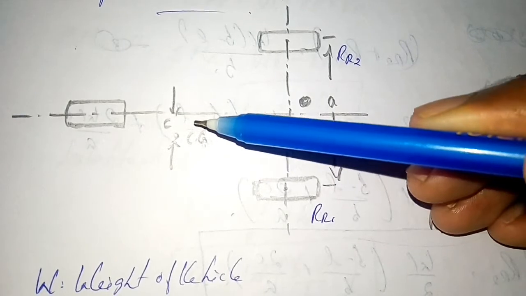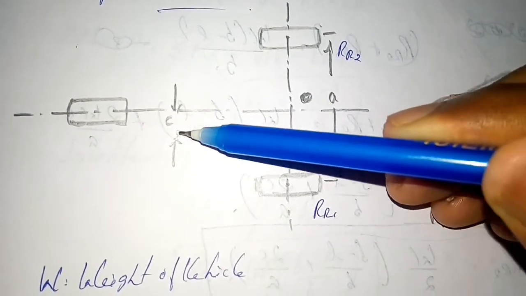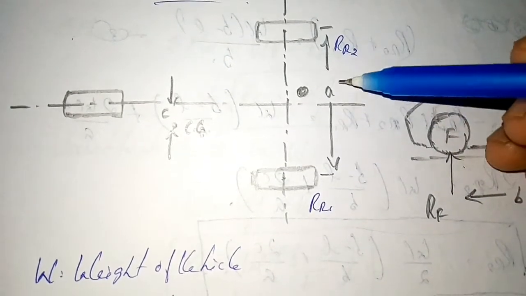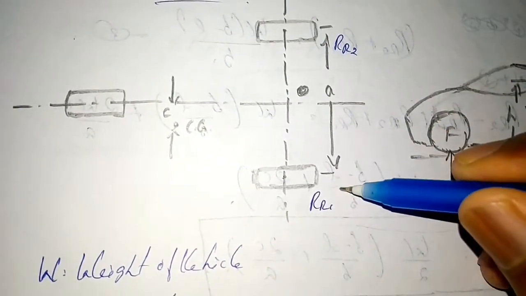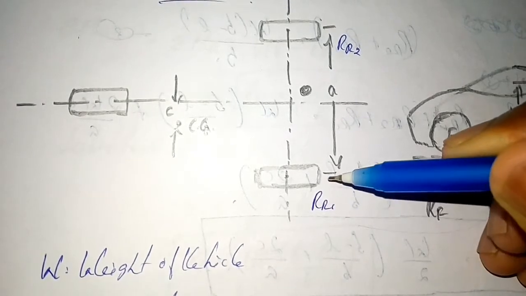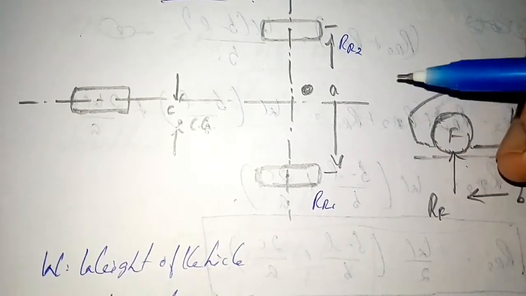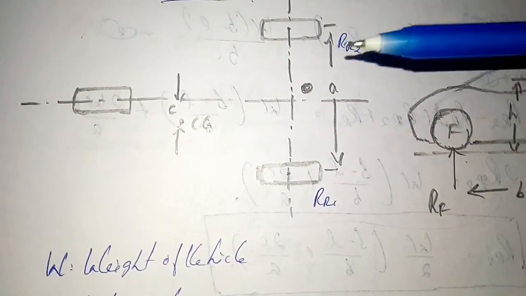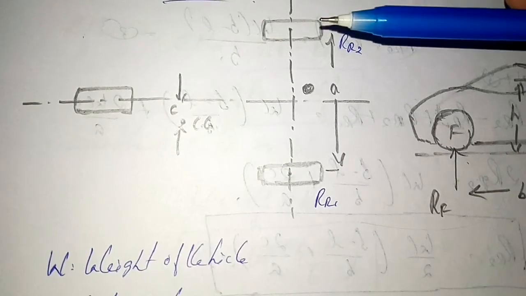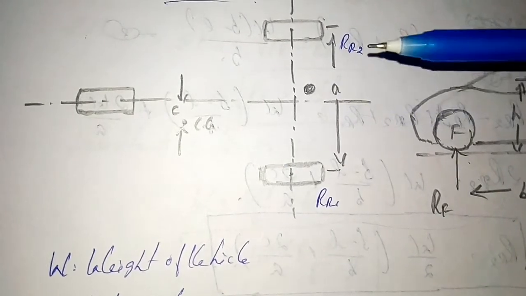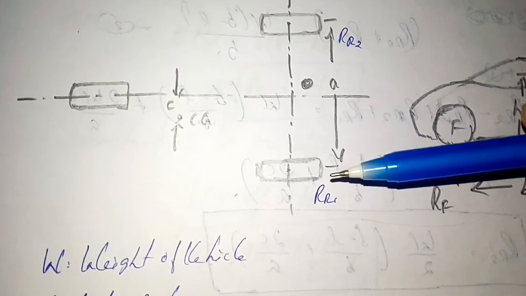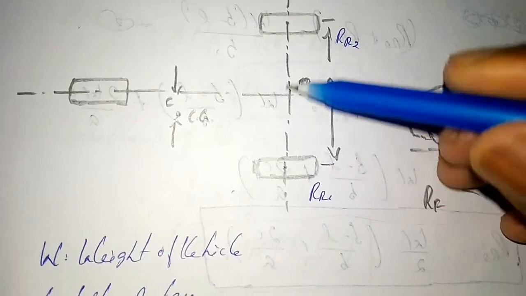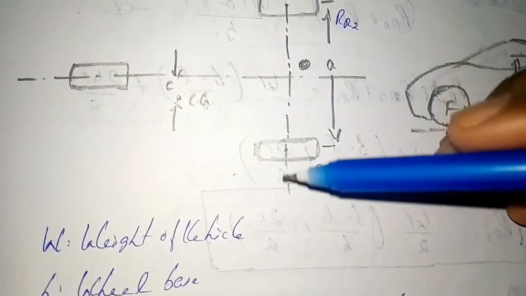Consider R1 is the reaction at the left side rear wheel when we look from the aft of the vehicle, and RR2 is the reaction at the right rear wheel. And A is the wheel track, which is the distance between the center of the wheel planes on the same axle.